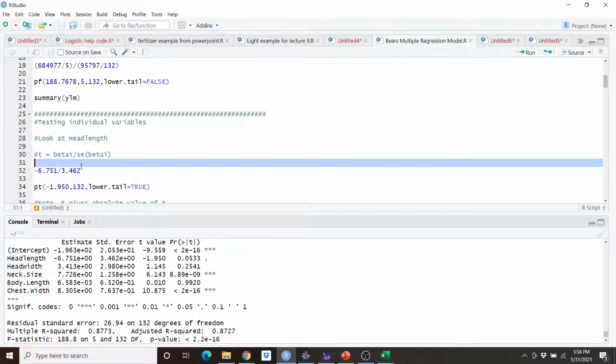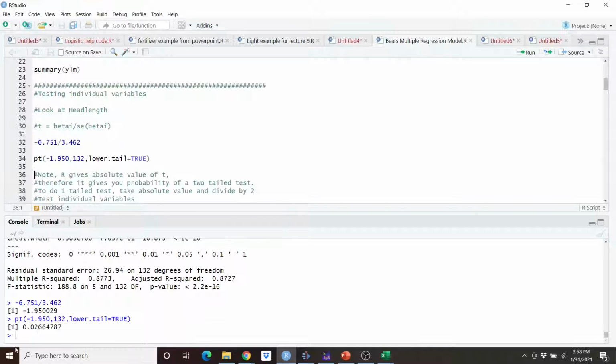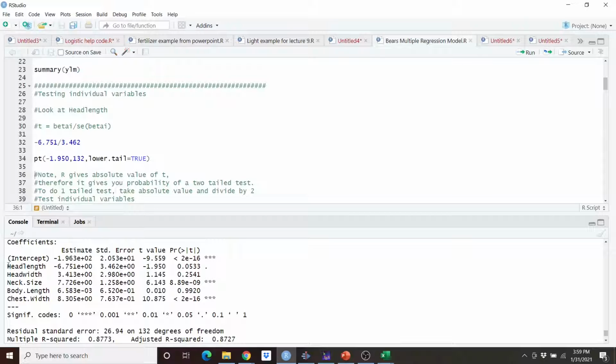And so what we get here is that t is negative 1.950029. And so if I were to look, I get 0.02664787.